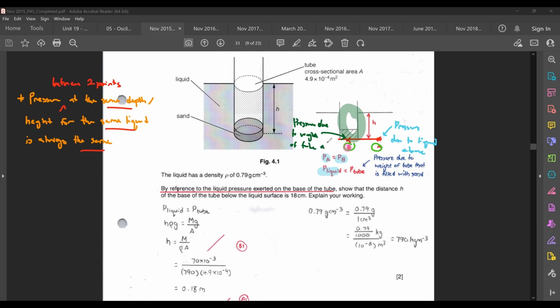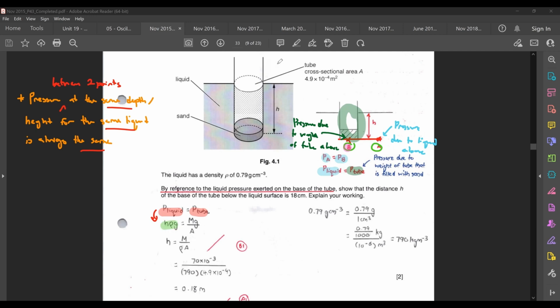So pressure at point B is the pressure of the tube. Okay, so pressure at A is the same as pressure at B. I can say pressure due to the liquid is same as pressure due to the tube. So for pressure due to liquid, I can expand it to become H rho G. This is something that you have learned in the AS chapter before this.